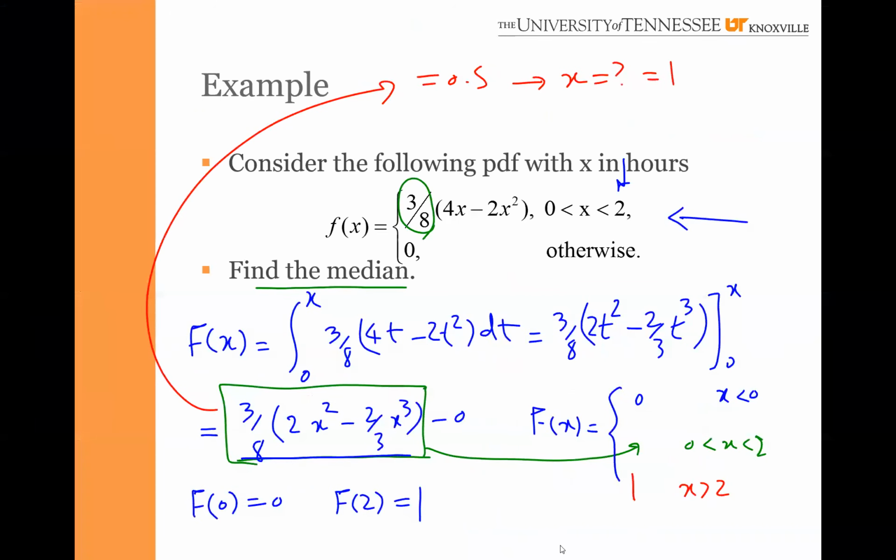I could as easily, instead of asking you to give me the median, ask you to give me the design life at a given probability or reliability. You would set your reliability function equal to that reliability value that I'm asking from you, and then calculate your x. So it's the same thing. Make sense? Any questions about the whole process?